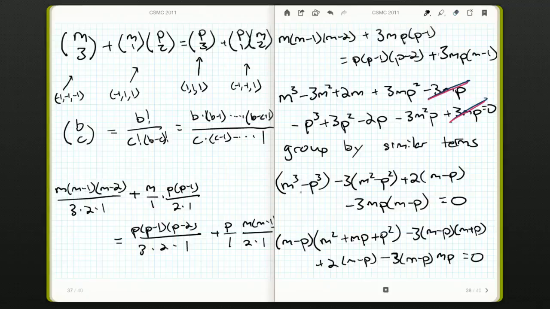I took the mp out of here. We double checked that that worked. That was easy to take out. So if I multiply this through, I get minus 3m squared p, minus 3 minus p, so that's 3mp squared.